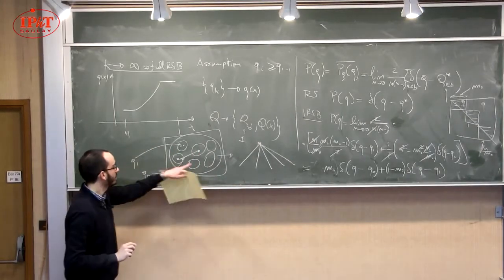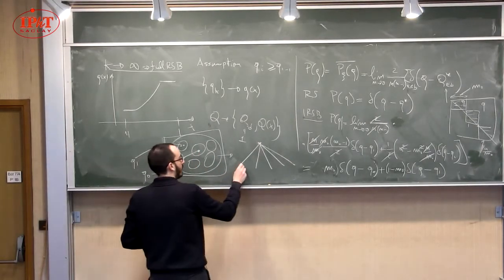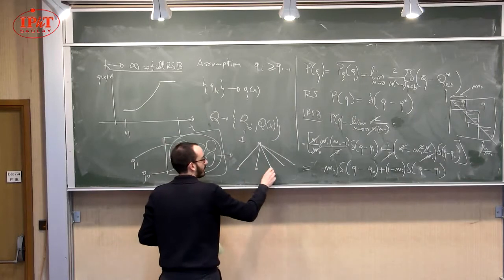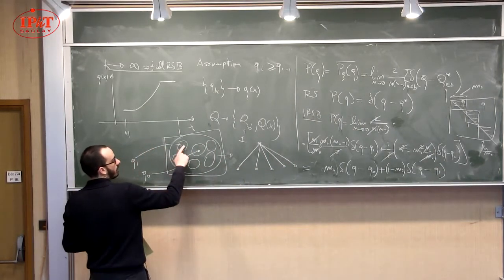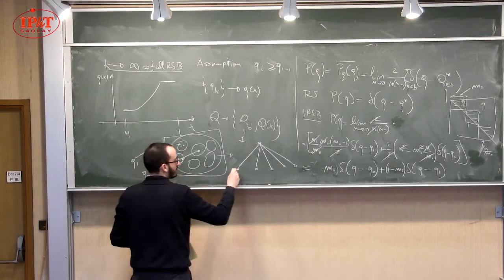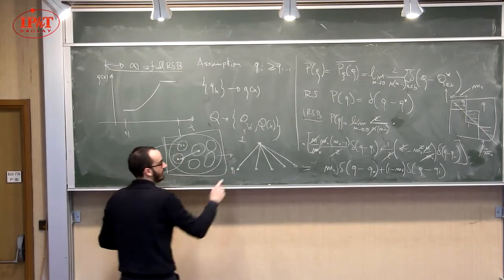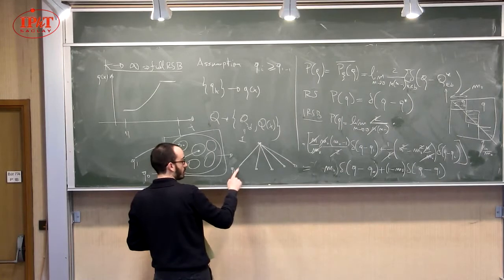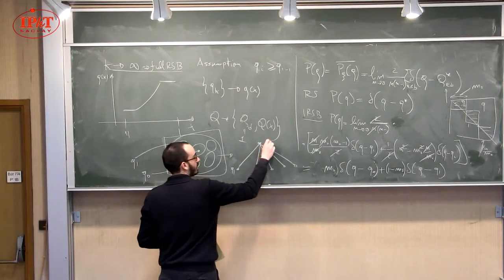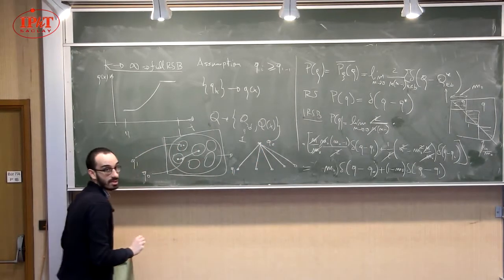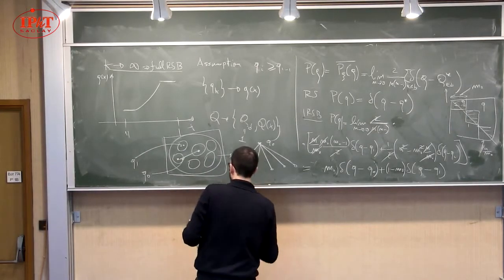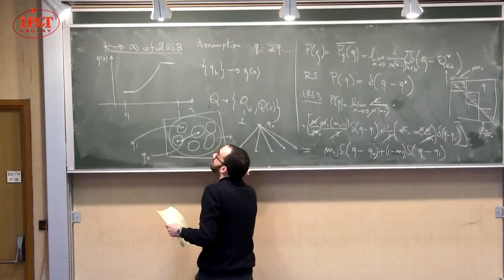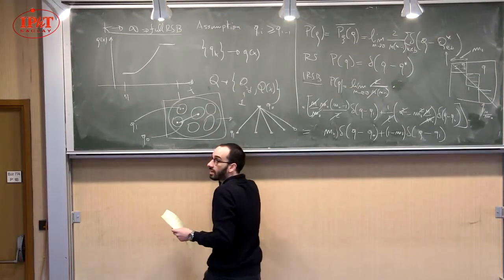So here you have these clusters, and the typical overlap between two solutions inside the same cluster is Q1. But if I take one configuration, one solution here and one solution there, then their typical overlap will be Q0. So now let me try to do the KRSB thing, and then I will stop.